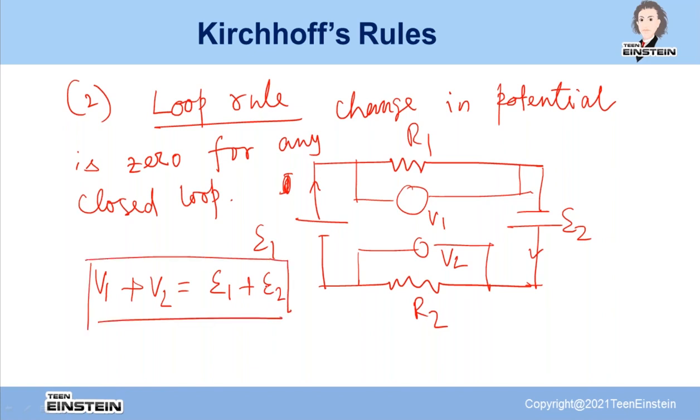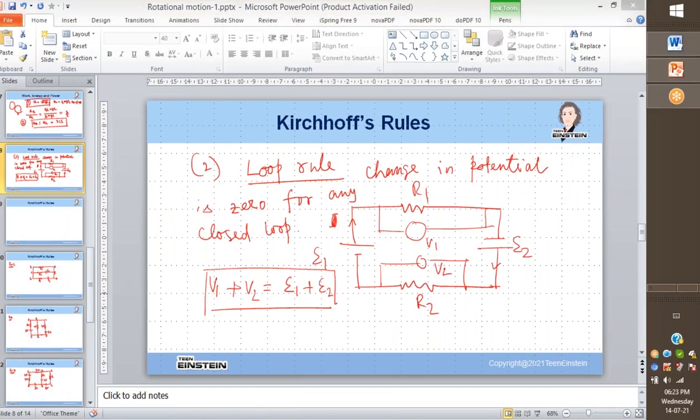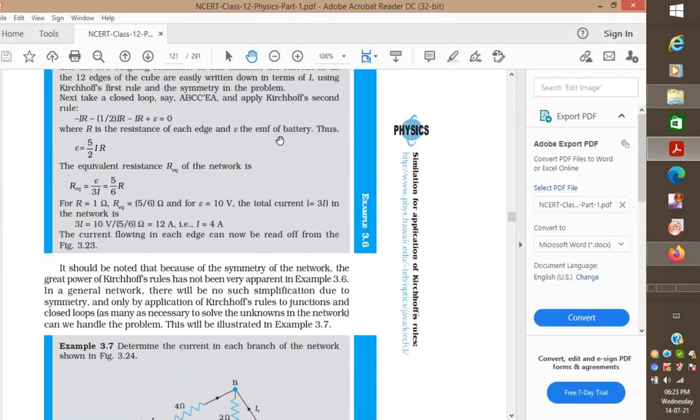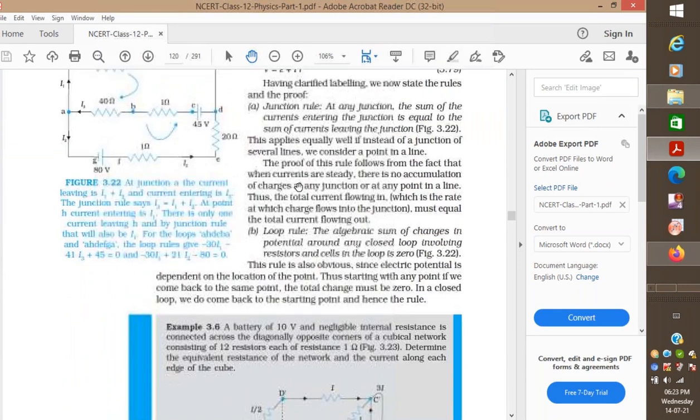We'll just go to your book and see the exact sentences of what this book is saying. The algebraic sum of the changes in the potential around any closed loop involving resistors and cells in the loop is 0.